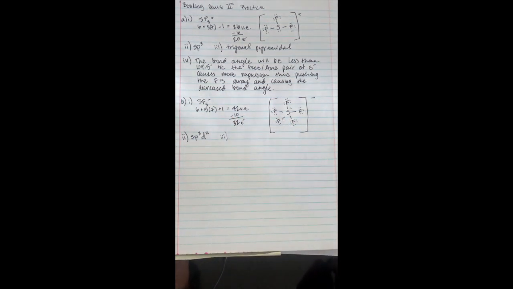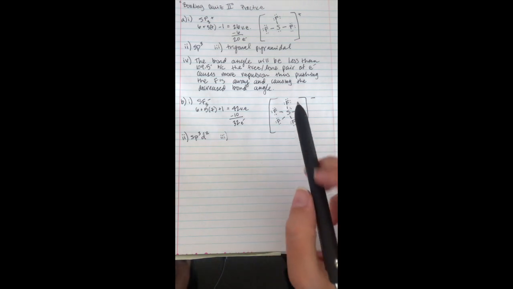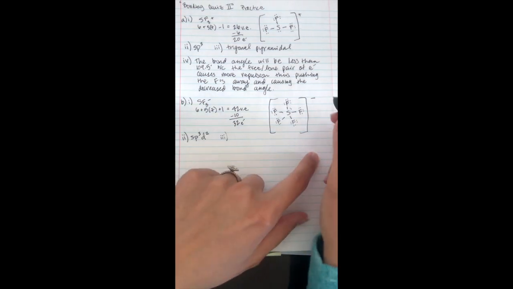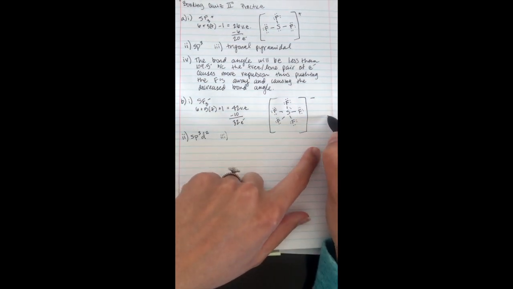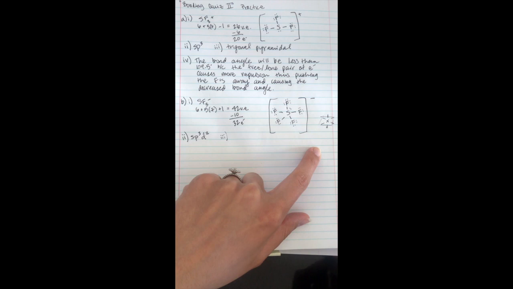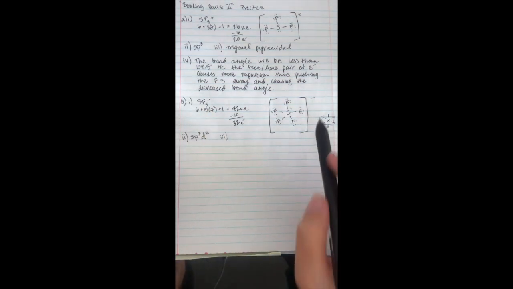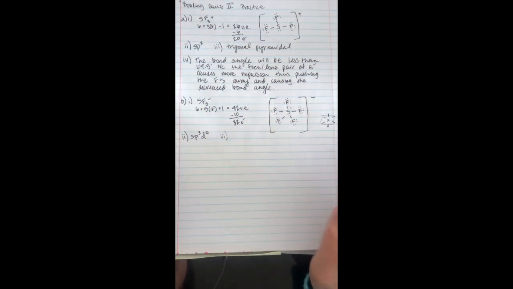Okay, part 3 is now asking for the geometry. So something with 6 things around it, that's the octahedral type structure, right? So really what it looks like is you have something up, something down, and then you have 4 things all around it. But in this case, we don't have an atom up and an atom down.